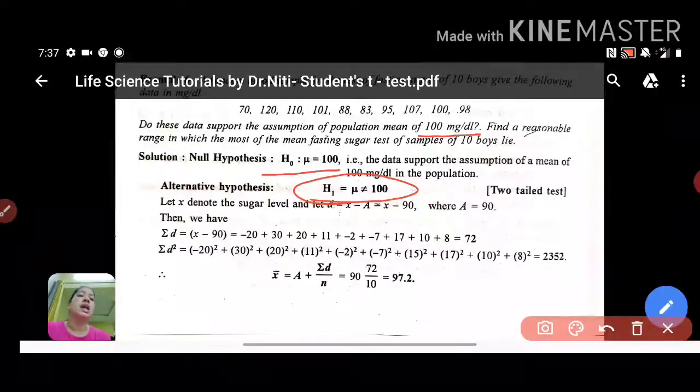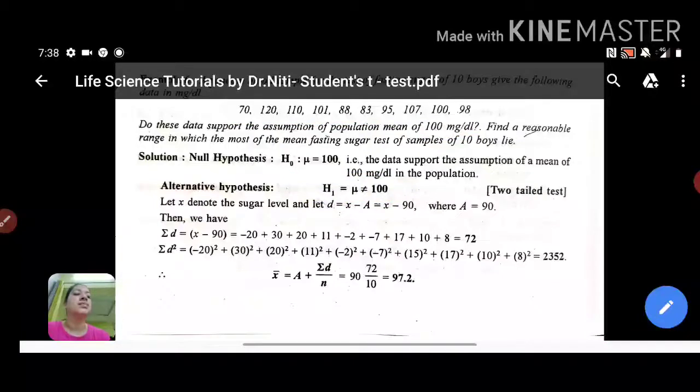You can take any of these values, or a value near about these values. 90 is not there, but you can take it because it is also near about these values.